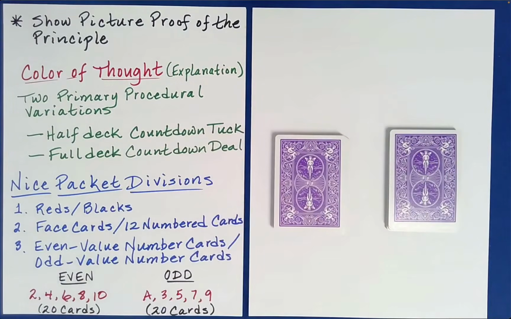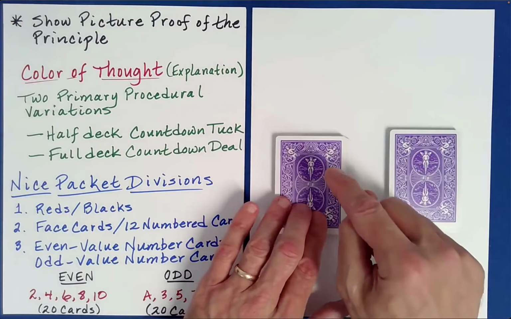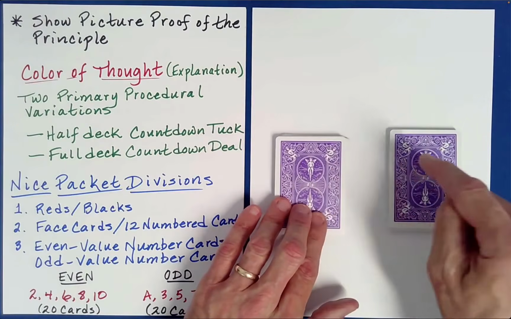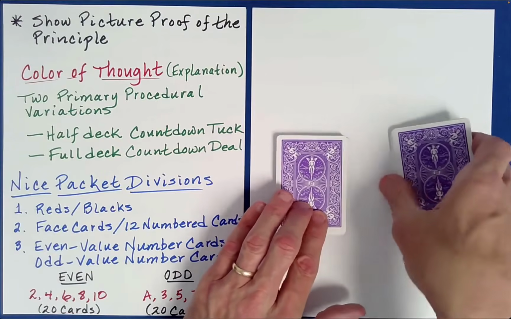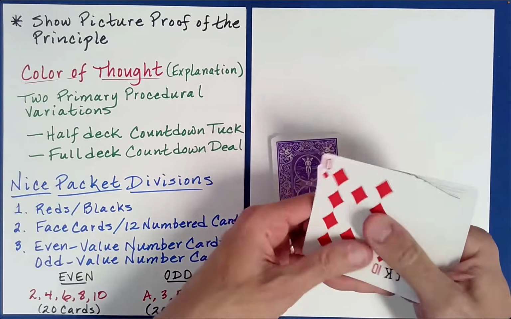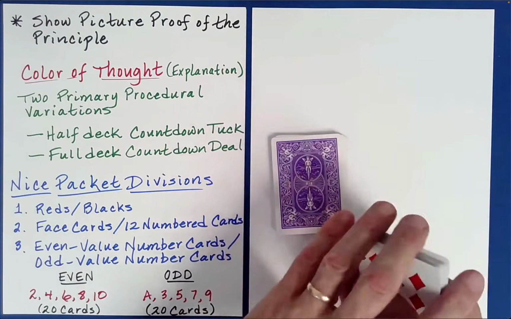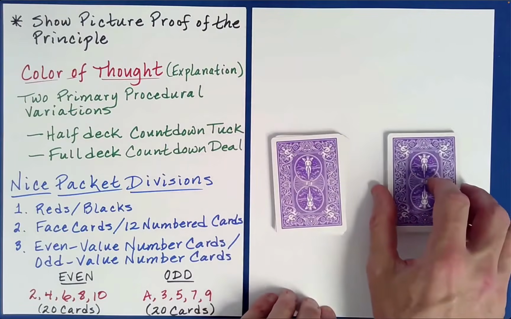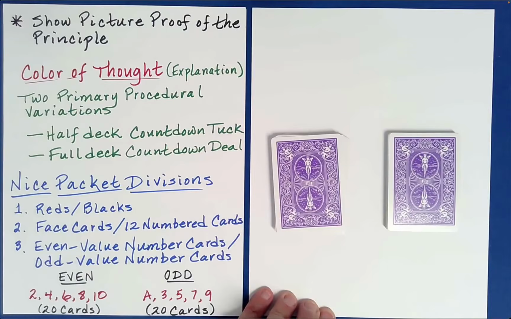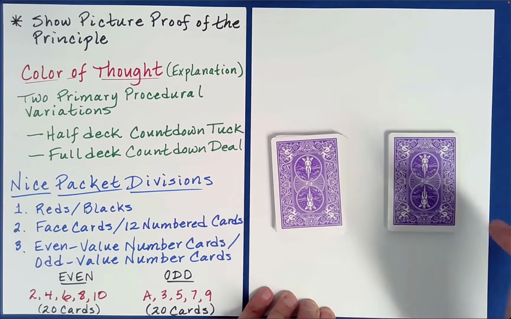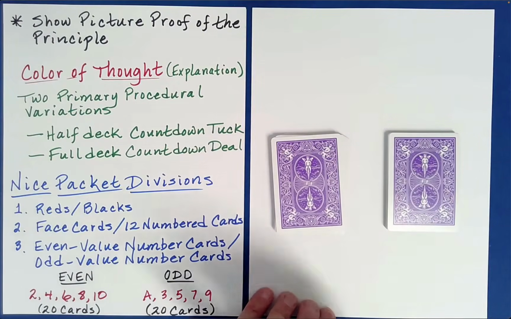So what's really happening here is the number of red cards here matches the number of black cards here. And if you know the identity of the bottommost black card, then you can state with certainty that whatever the number of red cards is, if you count down that number of black cards, you'll arrive at the one that you glimpsed, the one that you noted, okay?